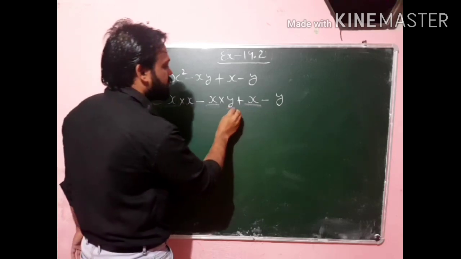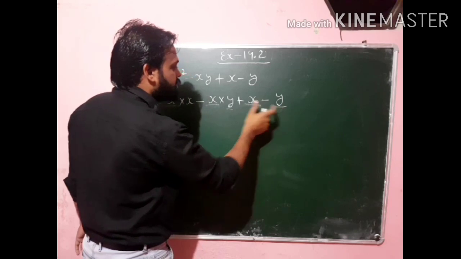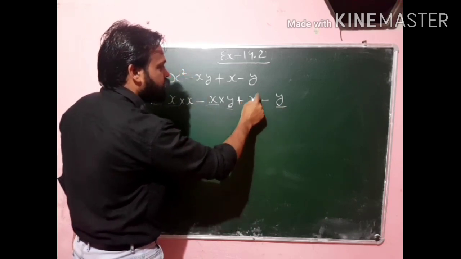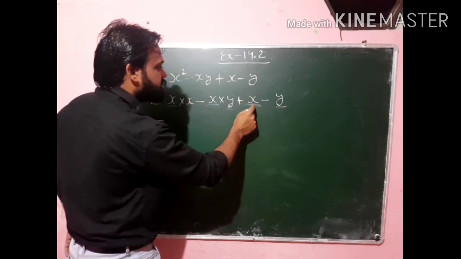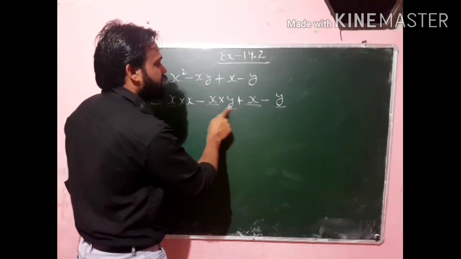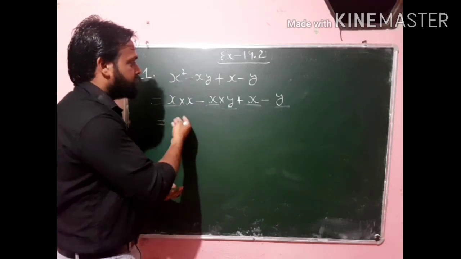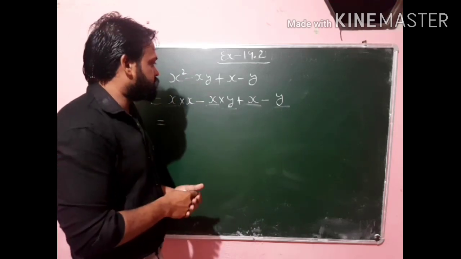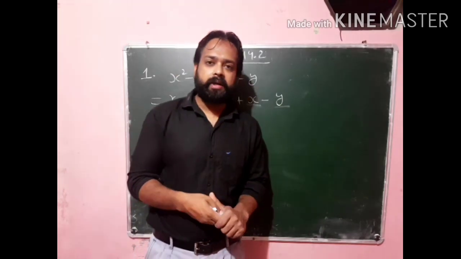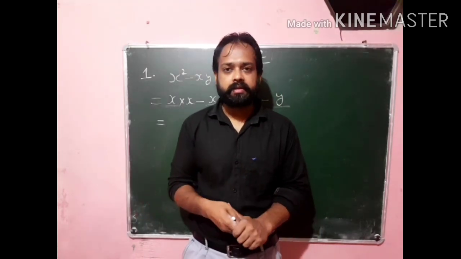If I take y common, y appears only in one term and there is no y variable in the other terms, so we cannot take even y common. It means we cannot take any common term among these four terms, so we cannot follow the same method which we followed in the 14.1 exercise.